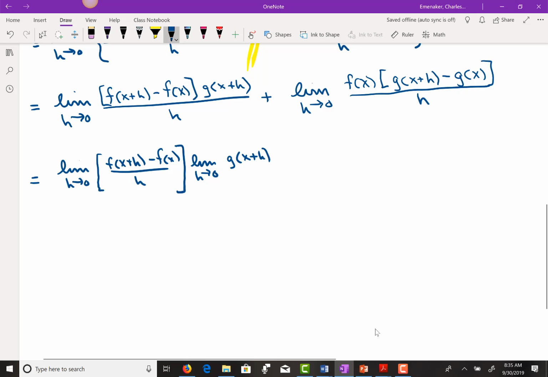All I did was I factored out the g of x plus h. Okay, is everybody good so far? That's about as good as I can get on this stuff.